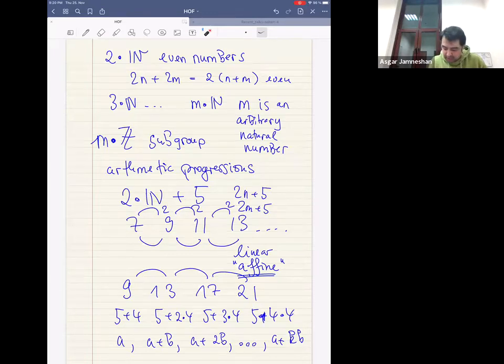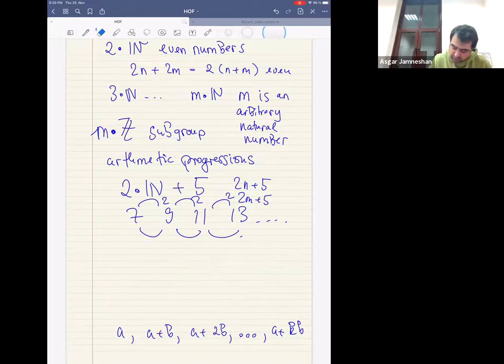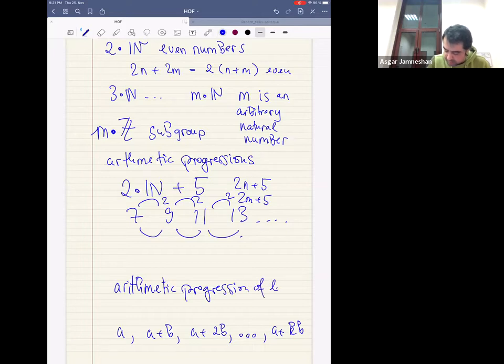Okay, so let's introduce some terminology here, which we will need. So we call such a progression an arithmetic progression of length k plus 1, because it has k plus 1 many elements.